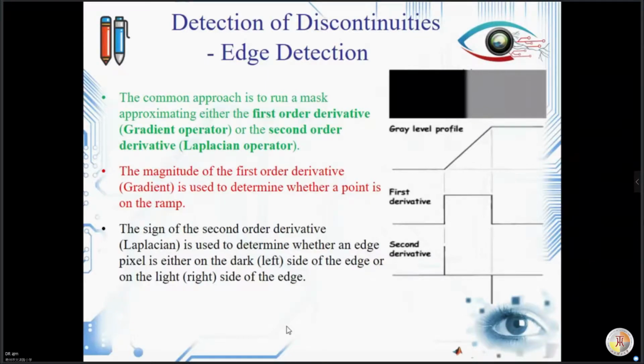Suppose you have a gray level profile, then the first derivative and second derivative of the figure that we have will come from the gradient operator, and for the second order, the Laplacian operator.